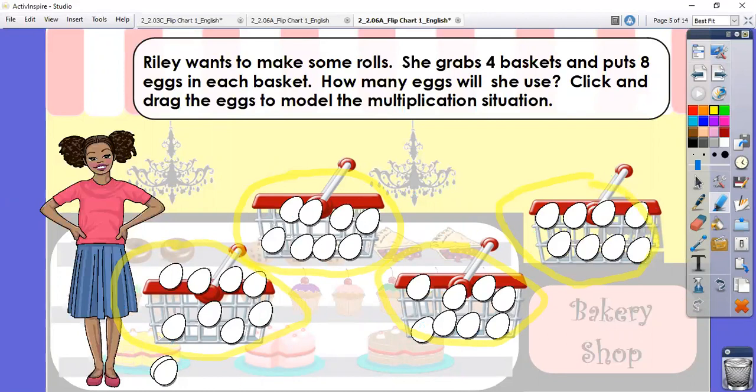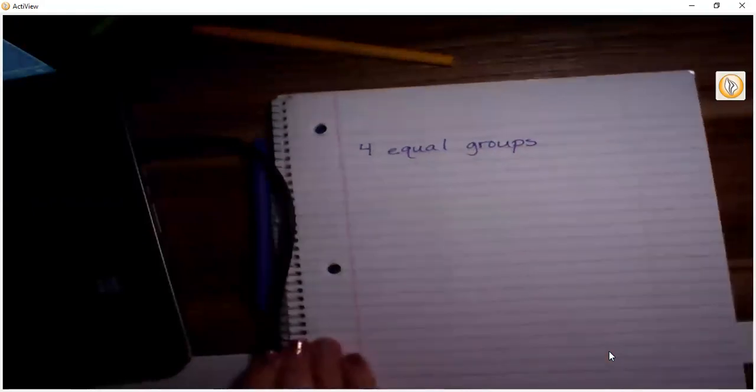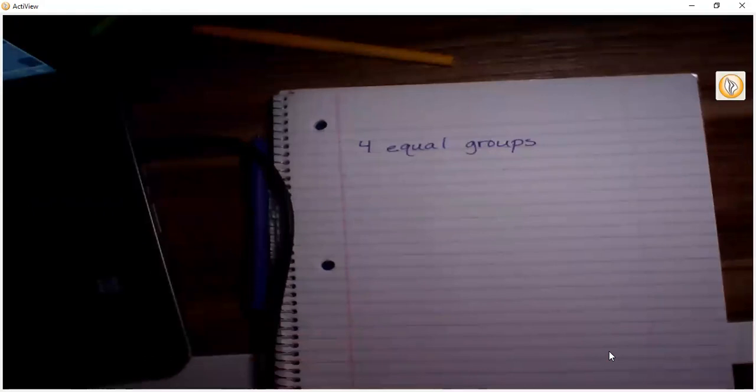So let's go over to our notebook real quick. Okay, so we have 4 equal groups. There are 4 equal groups. Make sure you're writing this with me.